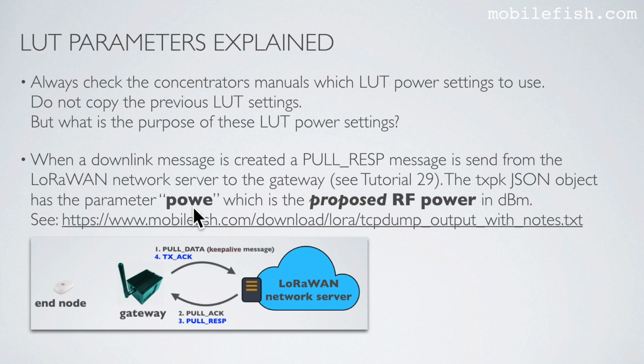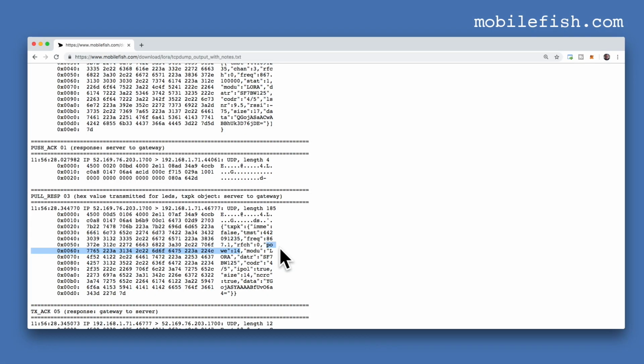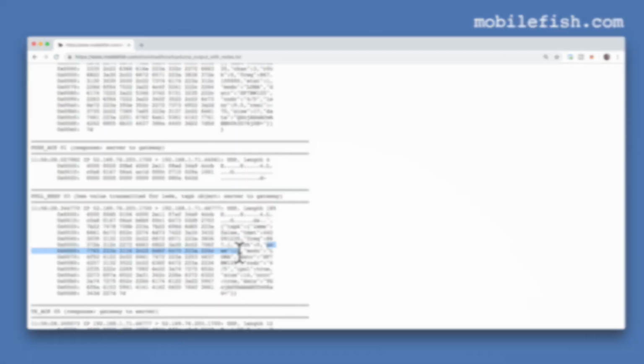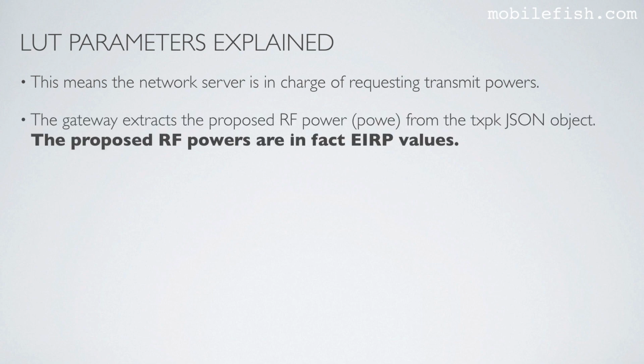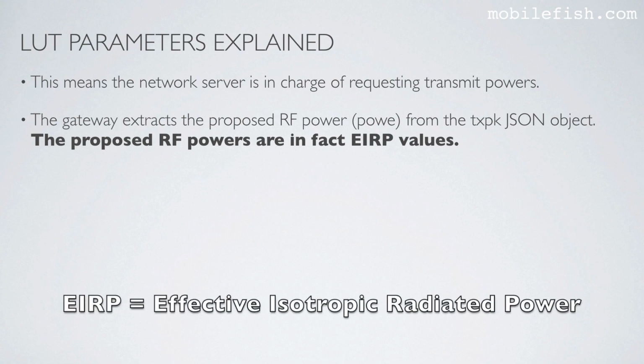It is the output power the LoRaWAN network server commands the gateway to transmit. Here is an example of this parameter, powe. The value is 14. This means the network server is in charge of requesting transmit powers. The gateway extracts the proposed RF power from the txpk JSON object. The proposed RF powers are in fact EIRP values.